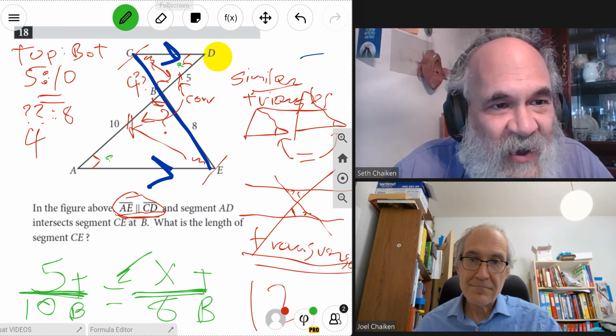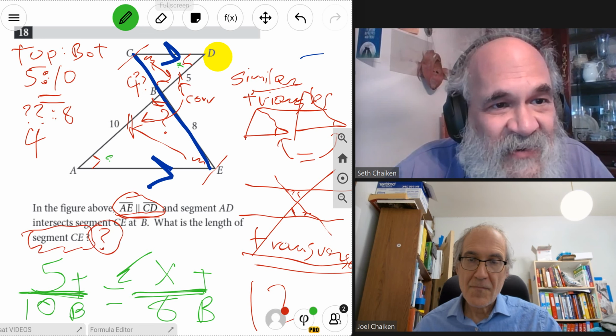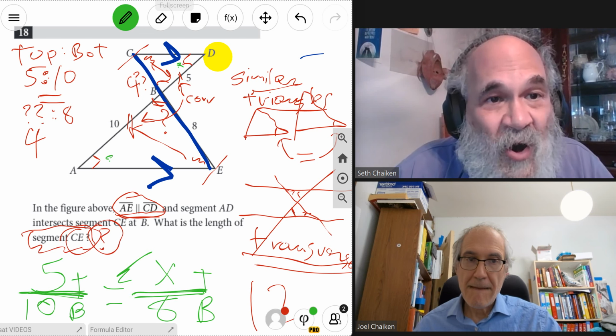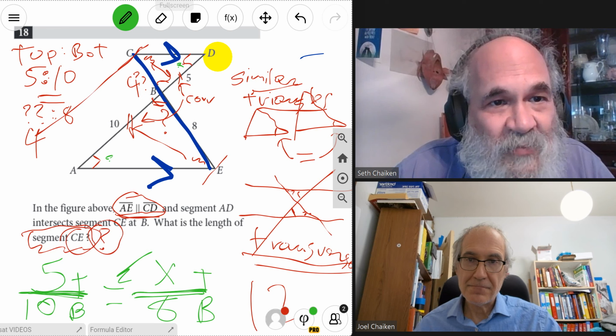So maybe a good idea is to mark to yourself that the length of segment CE is what they want. Well, that is what I drew early on in the problem.